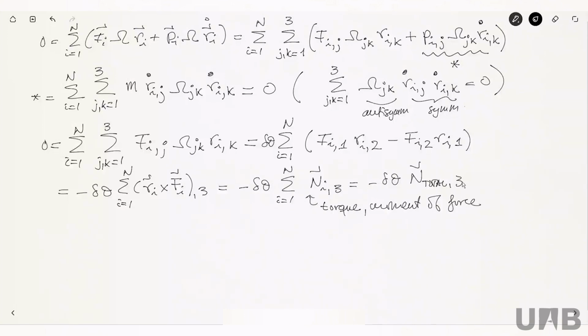Okay, so that's the symmetry condition. So now the symmetry condition is that this has to be 0. So N total third component has to be 0. This is now the symmetry condition.